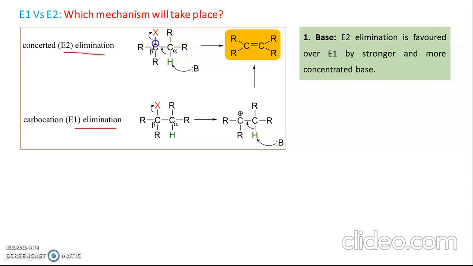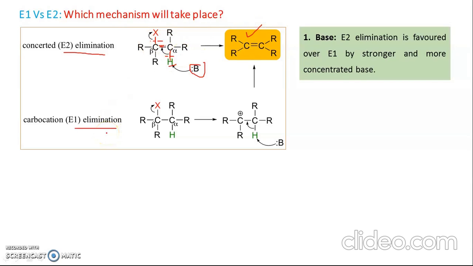The CX bond, that is the leaving group carbon bond, and the CH bond both break simultaneously. The base attacks the proton, then there is formation of the CC bond and the CX bond is cleaved. So we are getting this alkene.